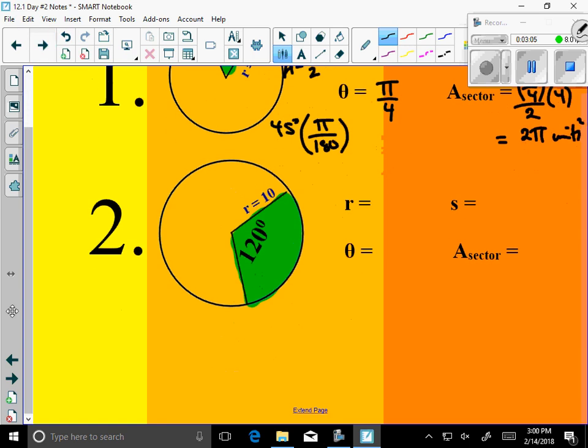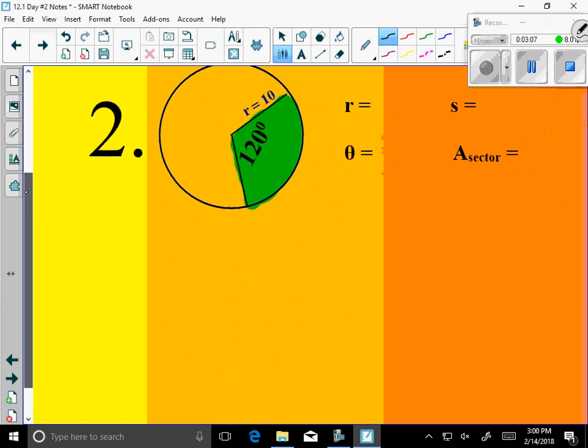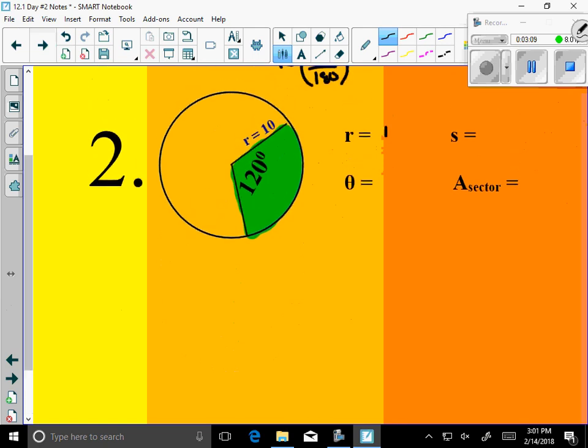Okay, second example. Here we'll see that r is 10, and theta would be 120 times pi over 180, which comes out to be 2 pi over 3. Arc length ends up being r times theta, so 10 times 2 pi over 3 is 20 pi over 3 units.